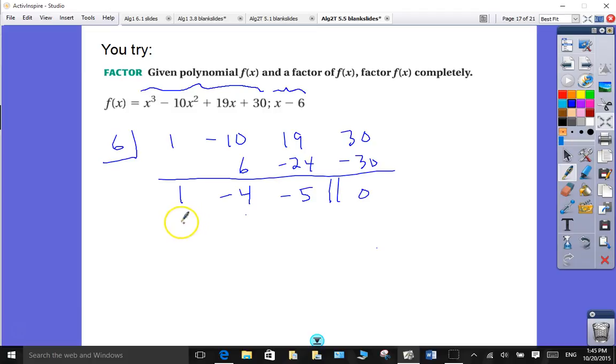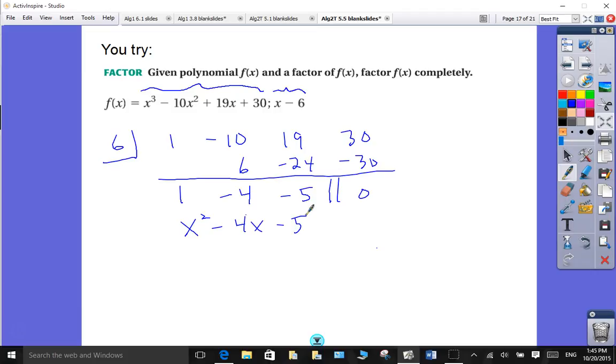Okay, now what's left? X squared minus 4x minus 5. How does that factor? The factors of negative 5 that add up to negative 4.